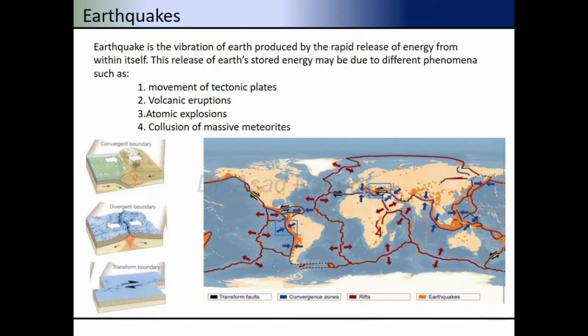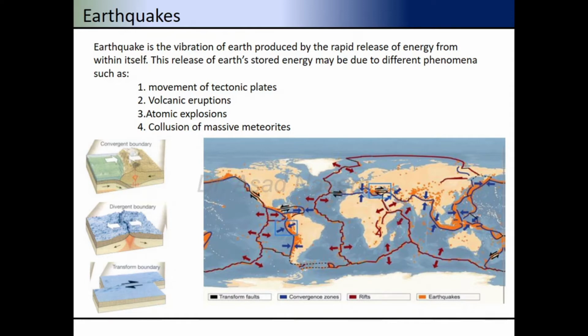This release of stored energy may be due to different phenomena, such as movement of tectonic plates, volcanic eruptions, atomic explosions, or collision of a massive meteorite. This can cause the active faults to rapidly release the energy and cause an earthquake.